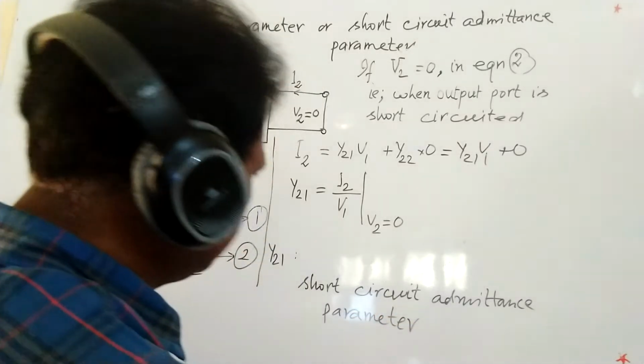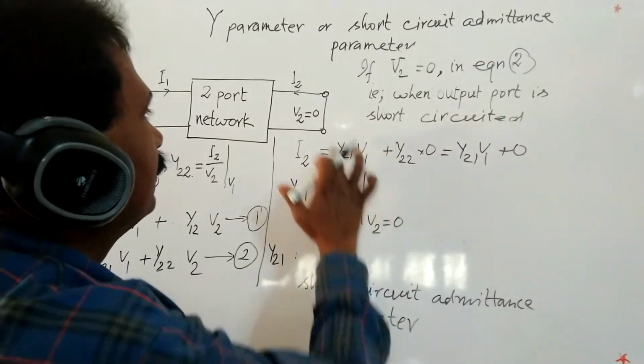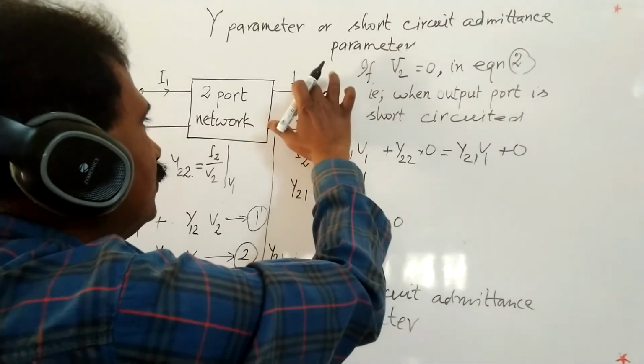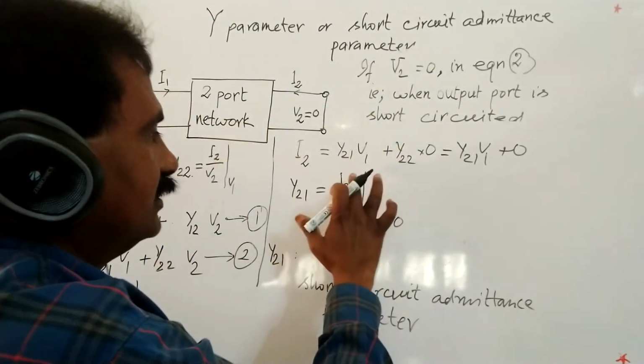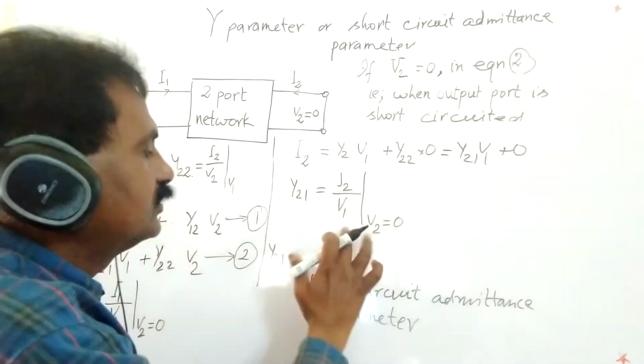Now this is the ratio of port 2 to port 1. I2 is the current of port 2, and V1 is the voltage of port 1. Then this is the ratio of values of different ports.